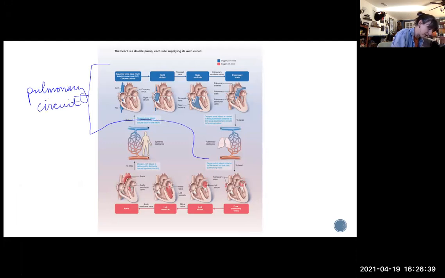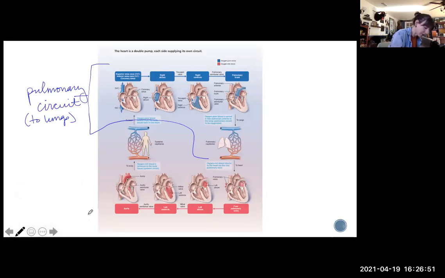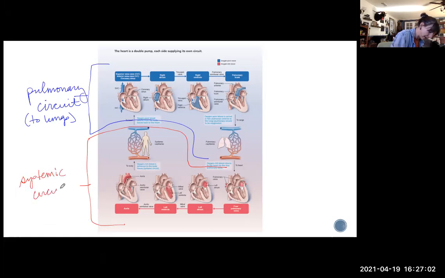Which is sending blood to the lungs, which means it's deoxygenated, right? We wouldn't be going to the lungs if we didn't need the oxygen. And then this is the systemic circuit, aka sending oxygenated blood to the body, okay?